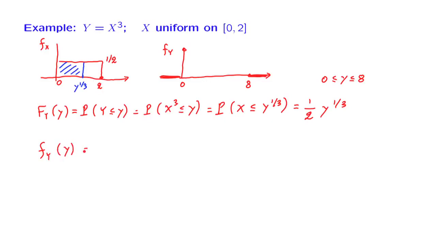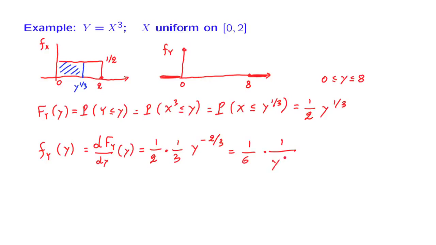The second step is simple calculus. We just need to take the derivative of the CDF, and the derivative is 1/2 times 1/3, this exponent, y to the power of minus 2/3, or in a cleaner form, 1/6 times 1 over y to the power 2/3.